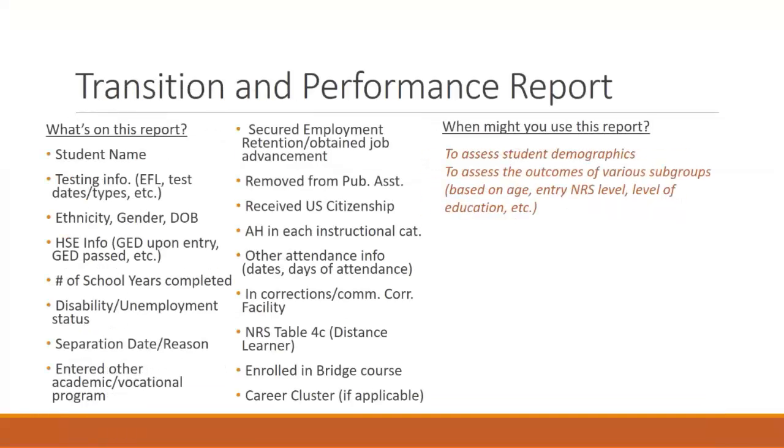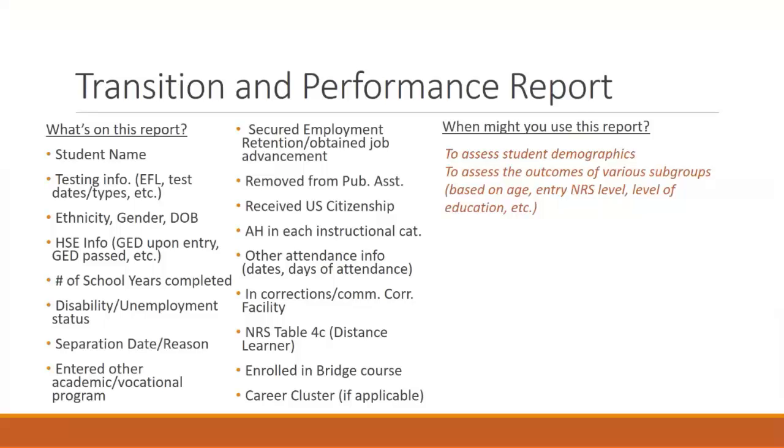And then we have the transition and performance report. So this is similar to the NRS. Oh, I apologize. The NRS core performance report, that's more of a ready-made report. That's not a student-level report, as I was saying. So this is a student-level report. So one row of data is equal to one student, and it shows a lot of the information that is going to be on the NRS report.